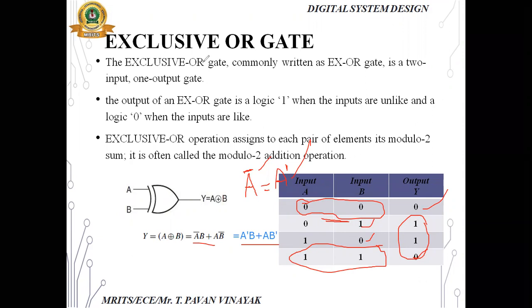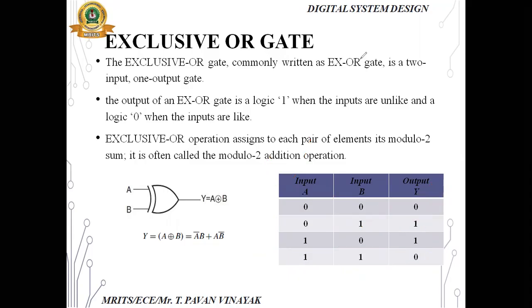So exclusive OR, let us see how we get this expression. This is the Boolean expression for output Y. Let us see. Have you observed the truth table?